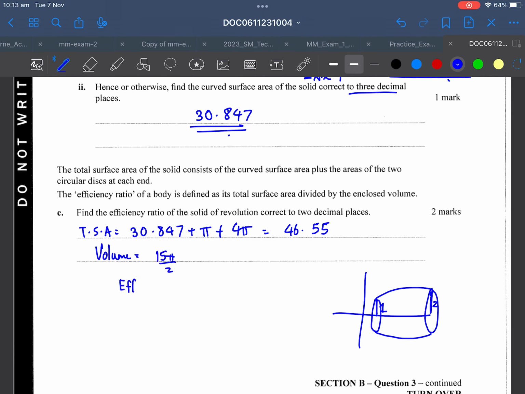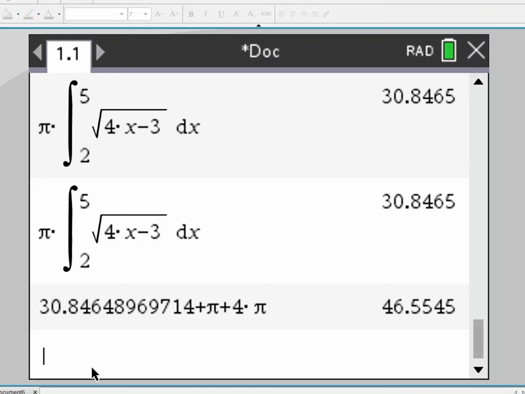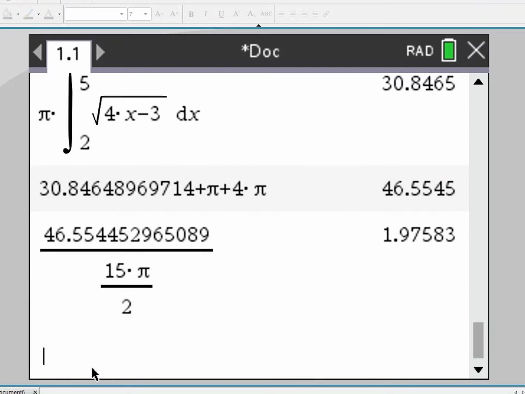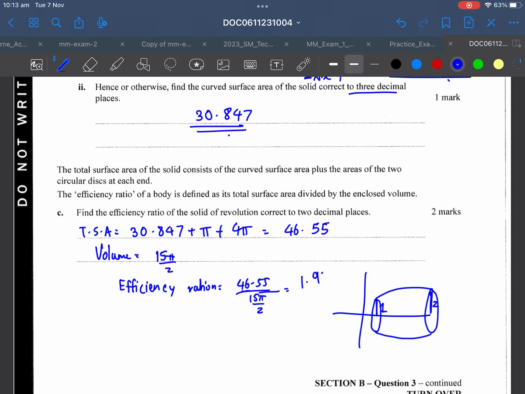So our efficiency ratio is going to be 46.55 divided by 15 pi on 2, which is going to be 1.98, because it says 2 decimal places, so 1.98.